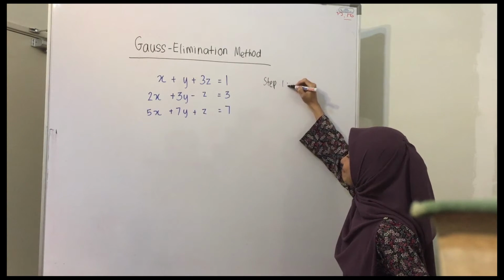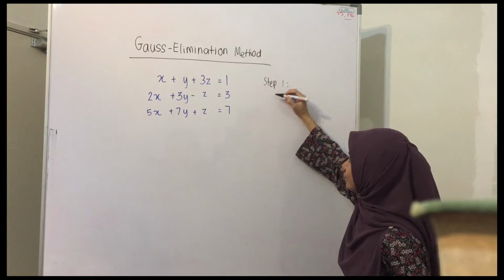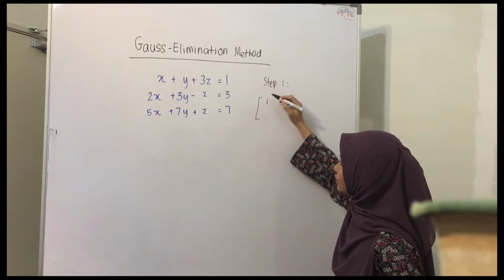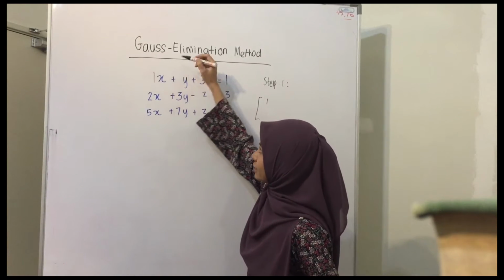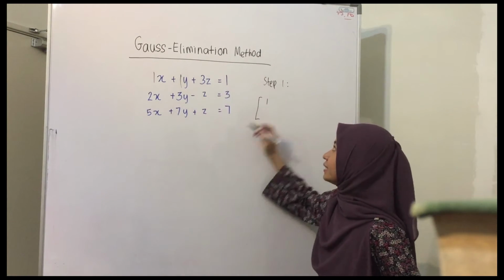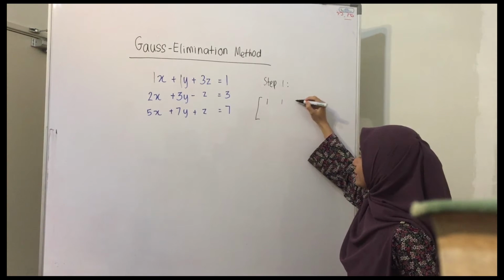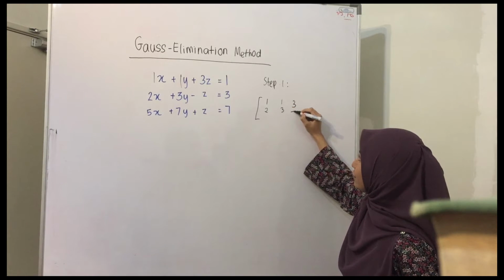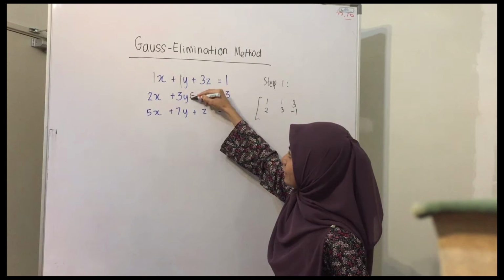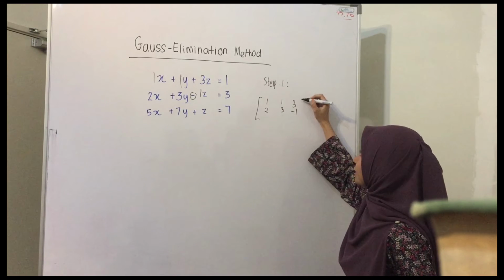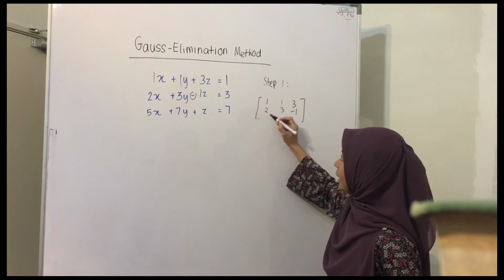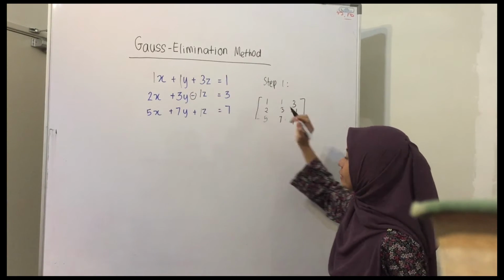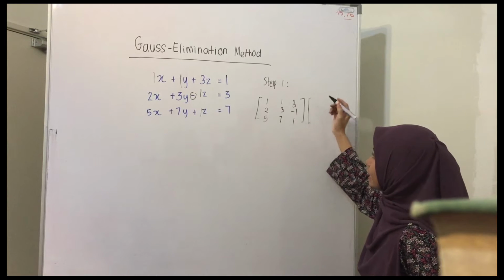The first step is we write the coefficients: 1x, 2y, and 5z gives 1, 2, 5; then 3, 2, 3, negative 1, because z is negative 1; and 5, 7, and 1, because z is 1.